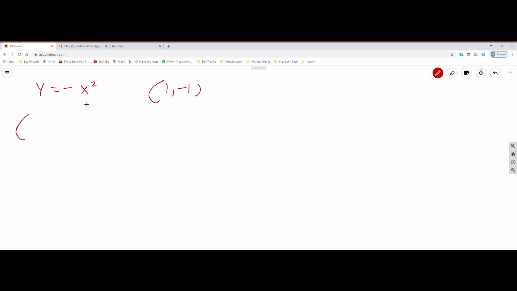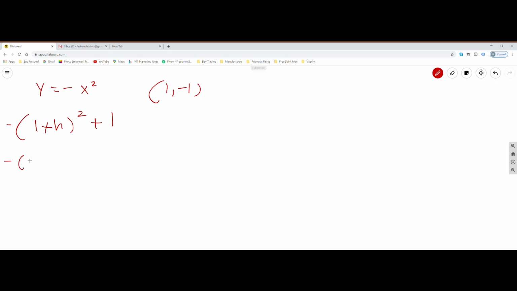So wherever it's x, we substitute negative (1 plus h) squared plus 1. Since it's a negative 1, we have to add. If it was just a positive number, it would be subtract.